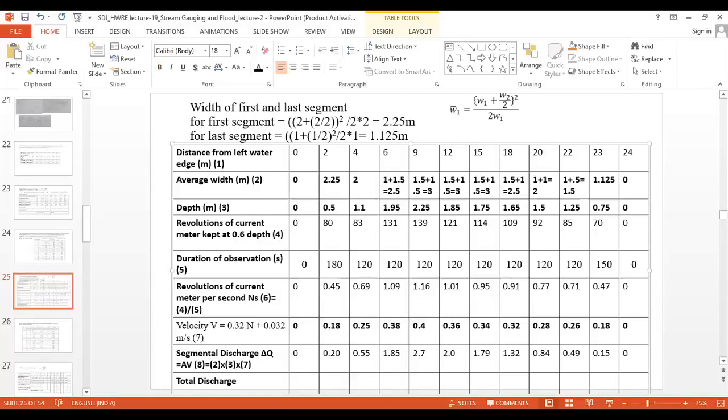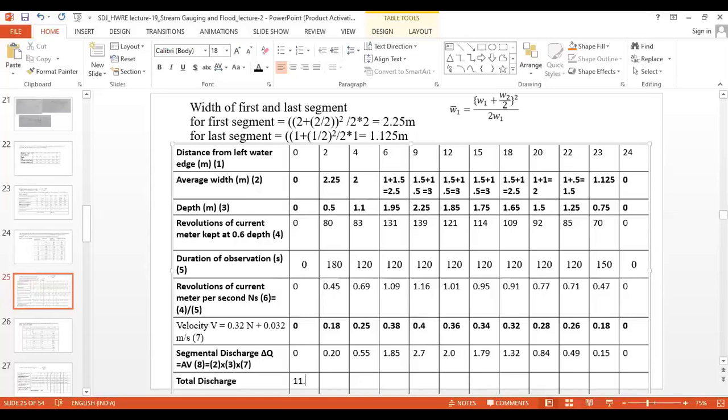That is 0.20 plus 0.55 plus 1.85 plus 2.7 plus 2 plus 1.79 plus 1.32 plus 0.84 plus 0.49 plus 0.15, that is 11.89.